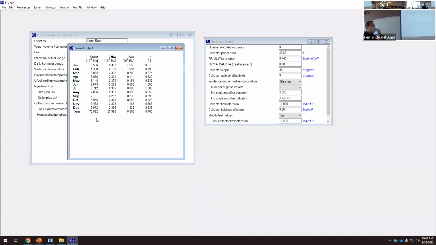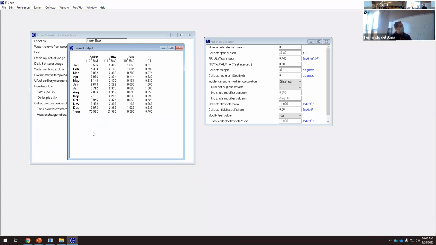So that's the efficiency. We are losing energy from 73 to 27. This is not 80%. We have 80% efficiency, but then we have losses through the tank, losses through the pipes, and losses through a lot of things.